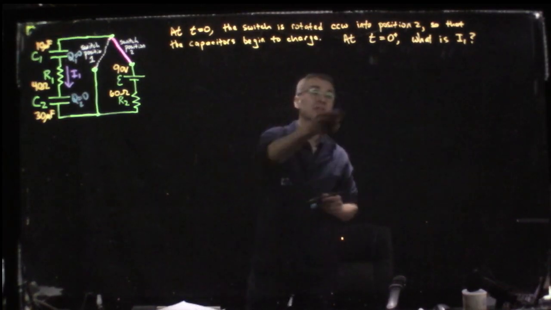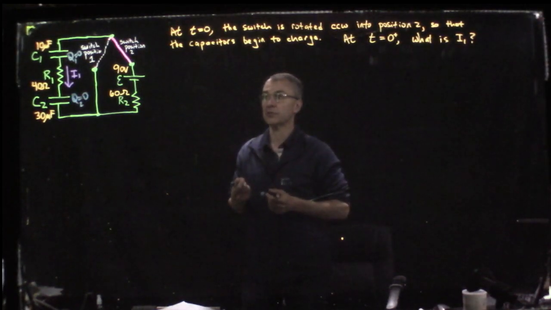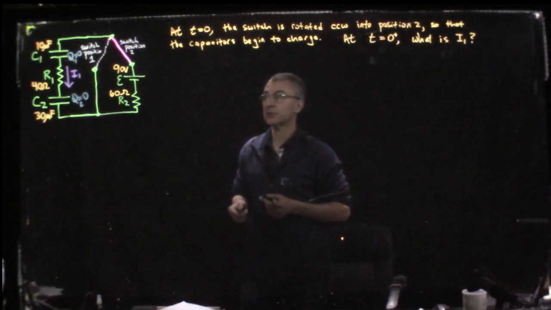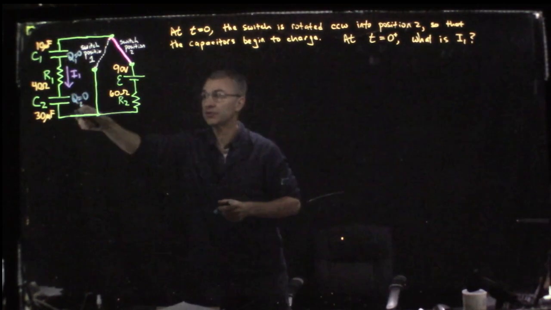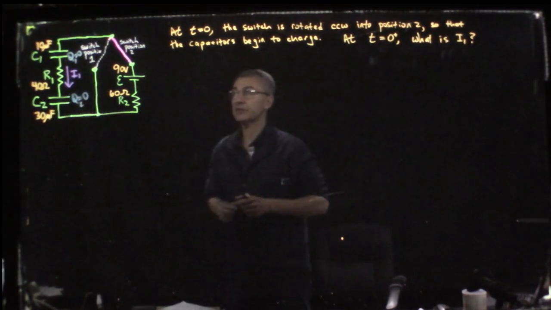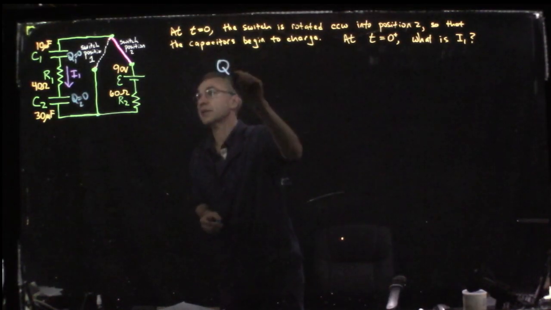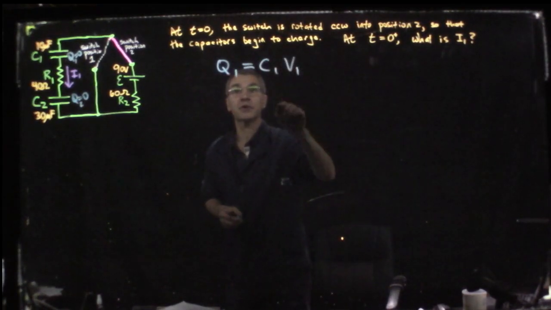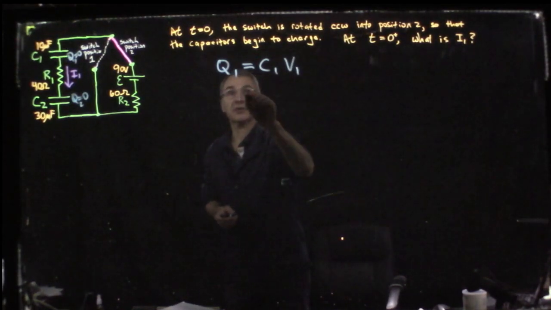The very instant after we move the switch, we still have Q equals 0 on each of these two capacitors for that instant until they have accumulated non-negligible charge. So in that case, the voltage drop across each capacitor is 0, since the defining equation for a capacitor is Q equals CV, where V is the voltage between the two plates of the capacitor.